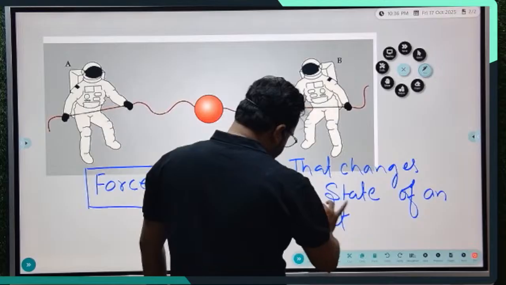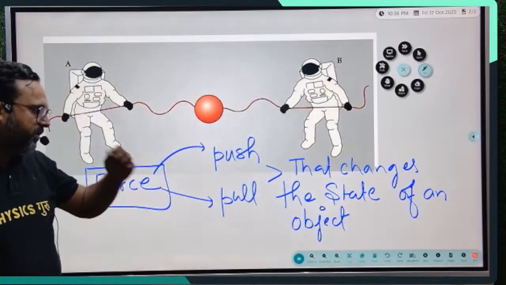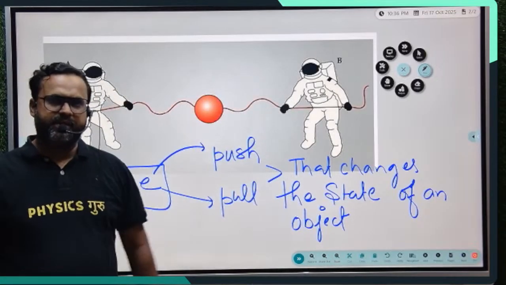Okay. Force is defined as push or pull that changes the state of an object.